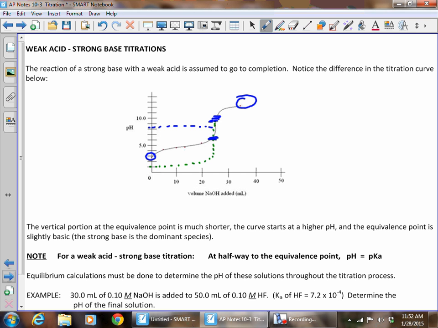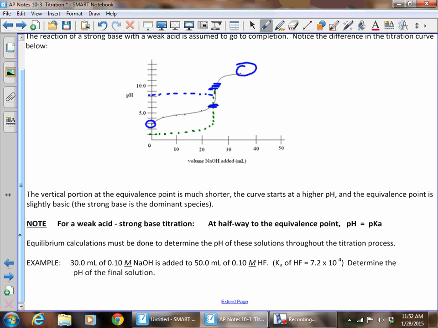Now, one of the things that we want to make a note of, and we'll do a lab with this: halfway to the equivalence point, the pH is going to be equal to the pKa of the acid. So if we come up here to this graph, and if the equivalence point is at 25, let's say, then halfway to this, about 12.5, the pH and the pKa are going to be the same.